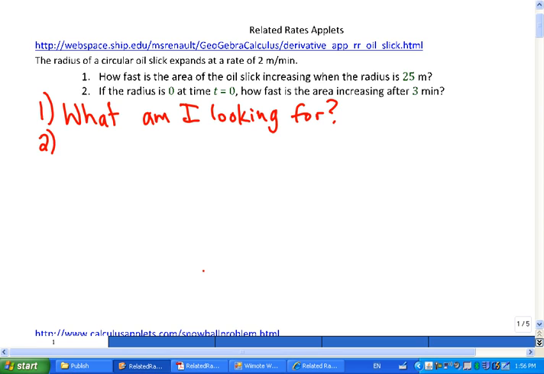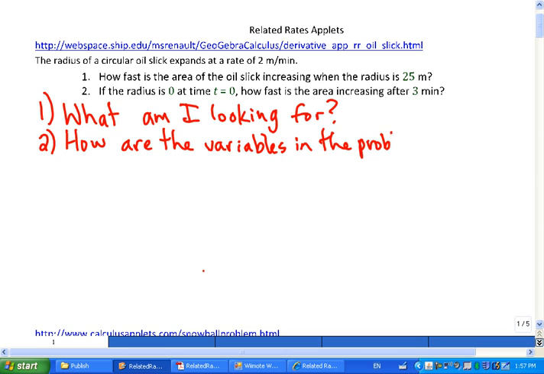And then number 2 is, how are the variables related in the problem? And usually we're looking for a formula.